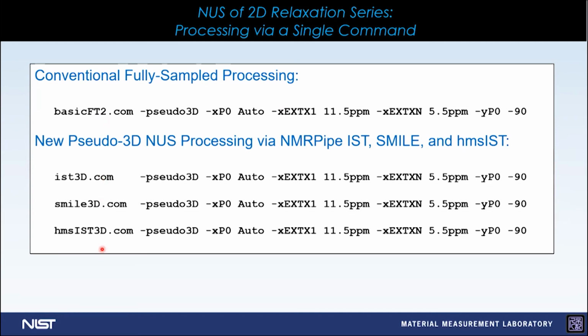And the corresponding commands at the bottom show what you would have to do to perform the same reconstruction, either with NMRPipe's IST, with Jin-Fi Ying's SMILE, or Sven Hebert's HMS IST. And I hope that when we speak next, we'll have an additional command in here to do these reconstructions with Vlad Orekhov's MDD.